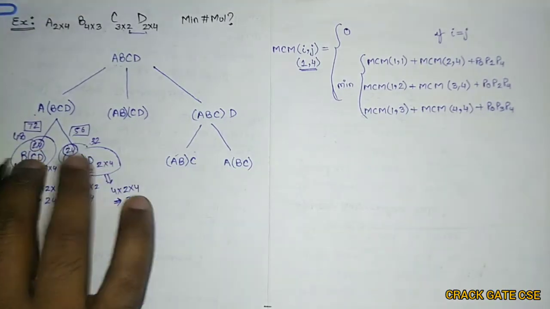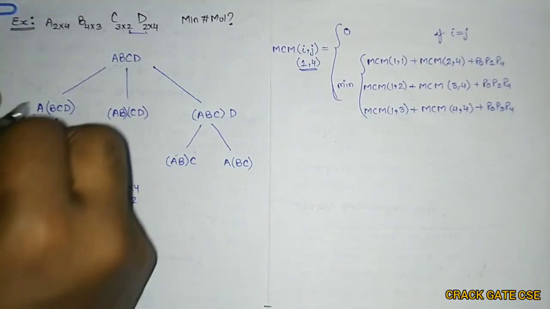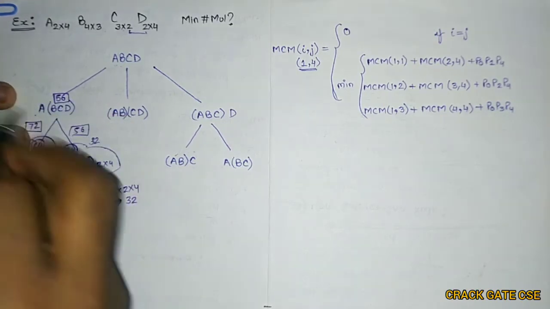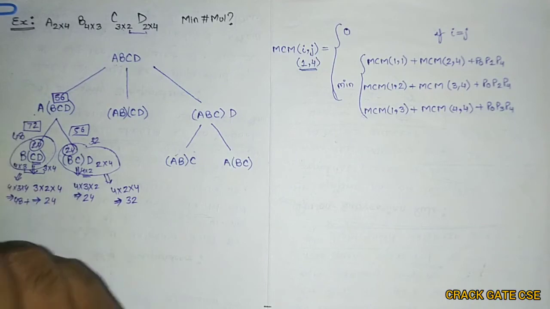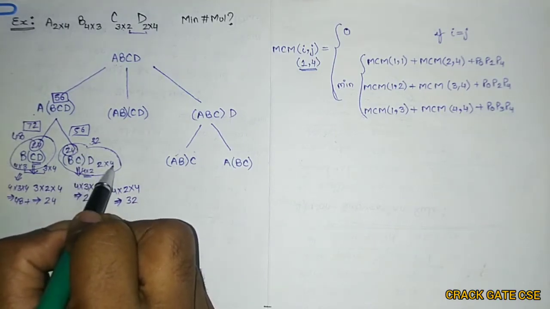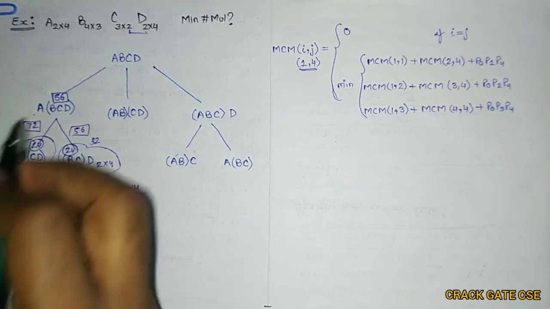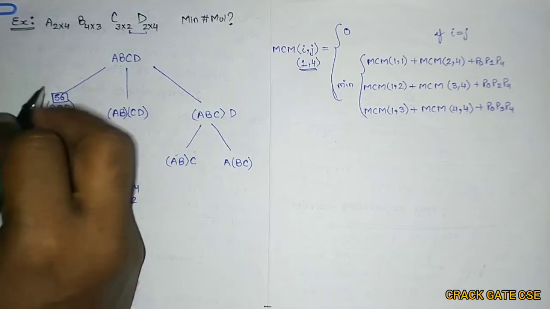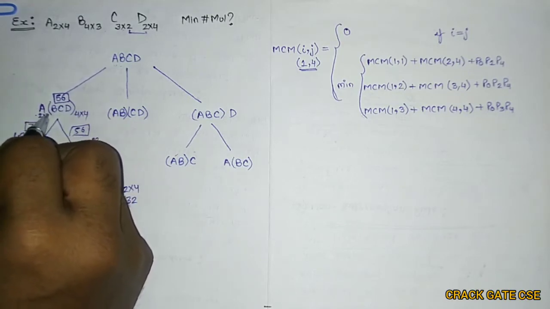Among these two, we have to select the minimum. The minimum is 56, so I selected 56 for this BCD. Now the dimension for BCD will be 4 by 4. You can check from here also. Now what is the dimension of A? 2 by 4.